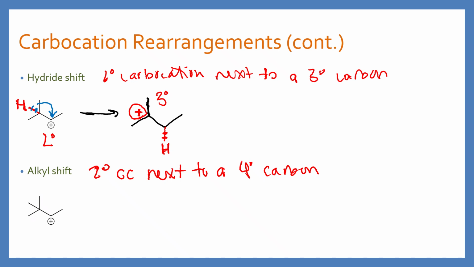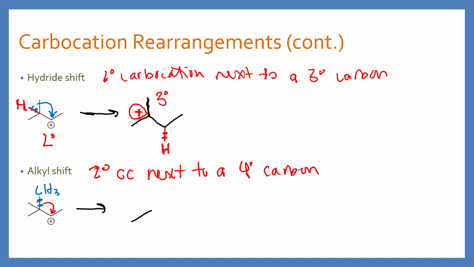And when I do this shift, I'm going to be moving an entire carbon group along with the electrons that bond that carbon to the quaternary carbon. So just like I did with the hydride shift, I'm simply going to take this and slide it over here. And that actually is going to have a pretty significant impact on the shape of my carbon skeleton.